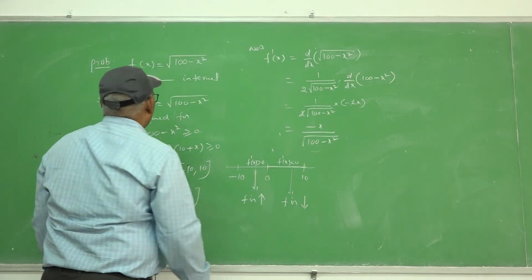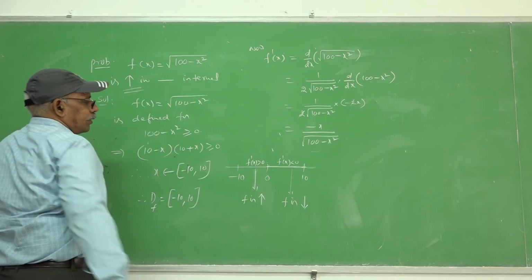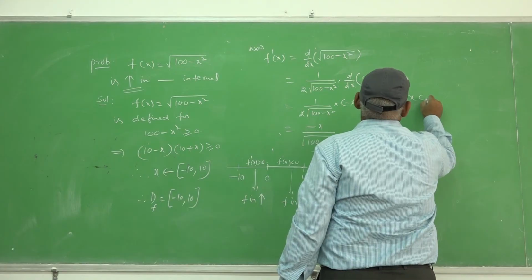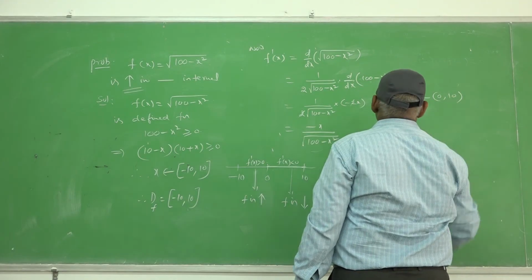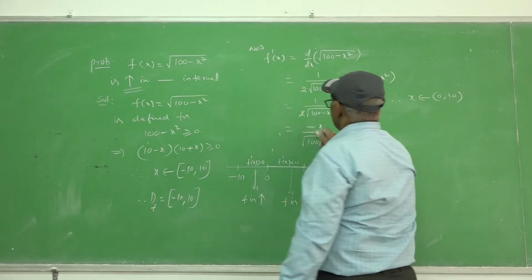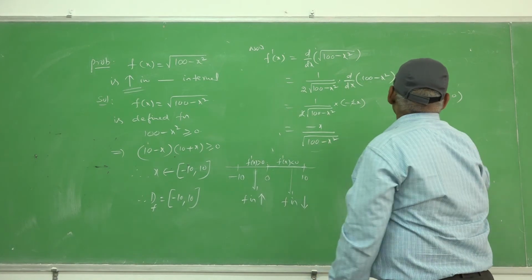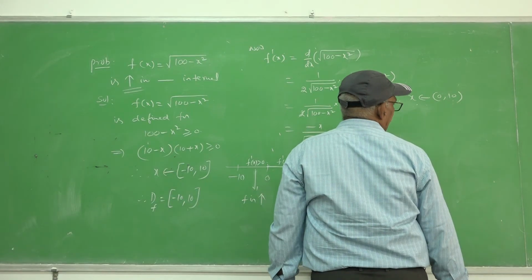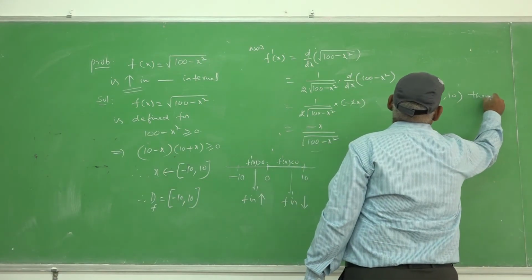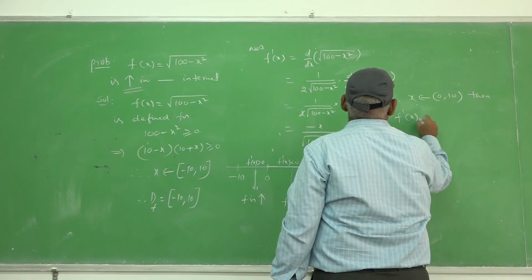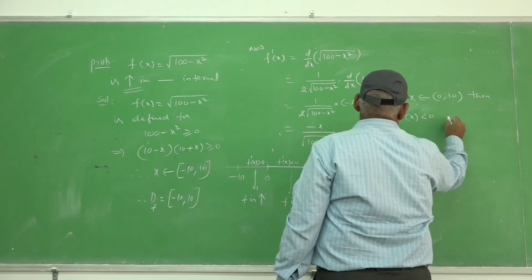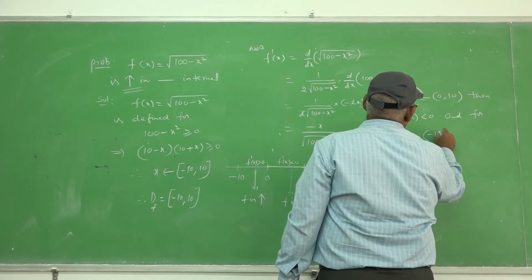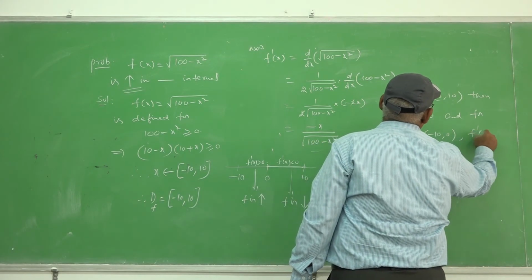So hence we are in need of increasing nature of the function here. Therefore we can conclude that x belongs to 0 comma 10 gives decreasing. For x equal to 10, the derivative does not exist. Hence I am not taking 10. X belongs to 0 to 10, then f dash x is negative, and for x belongs to minus 10 to 0, f dash x is positive.